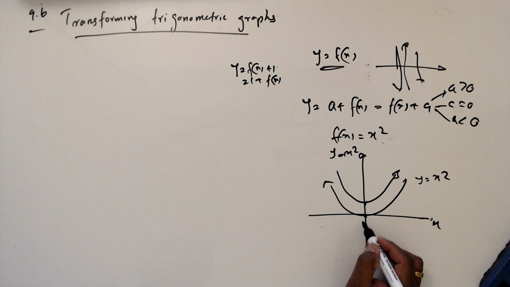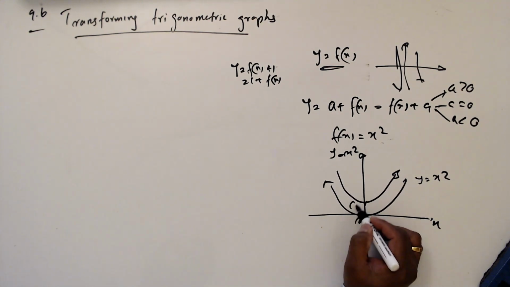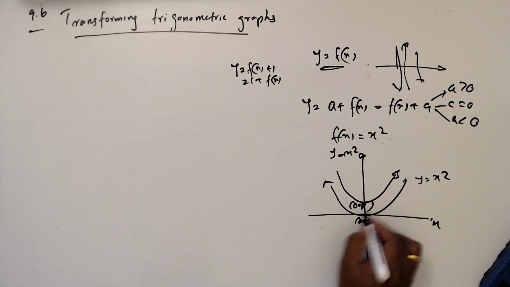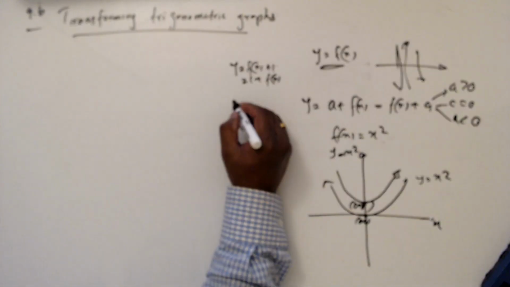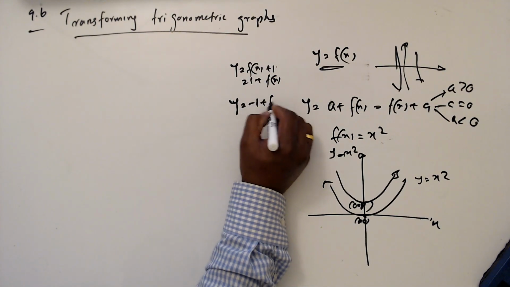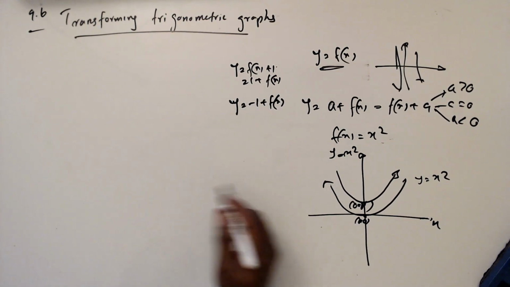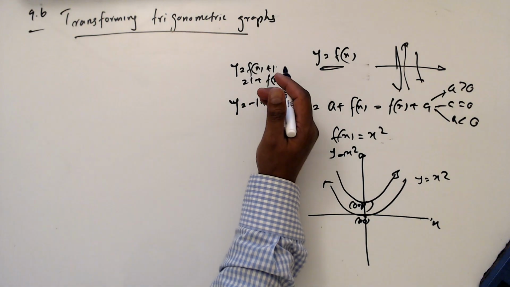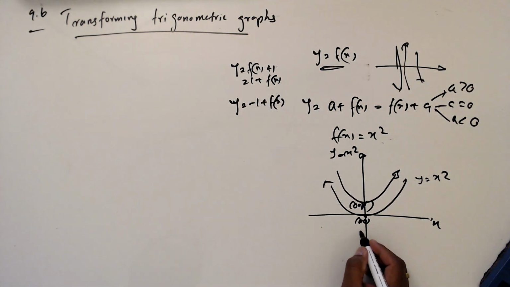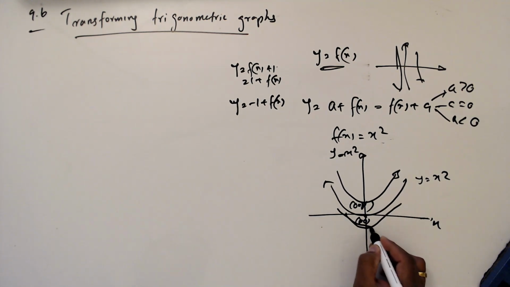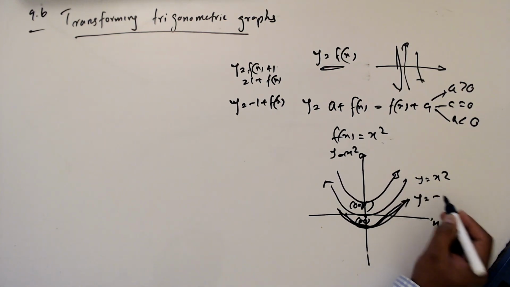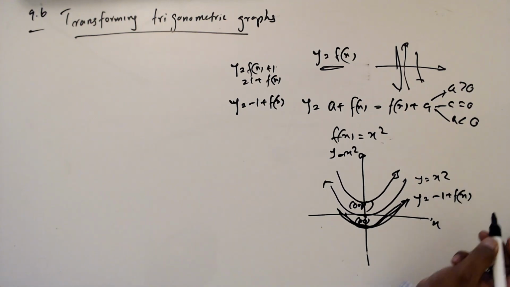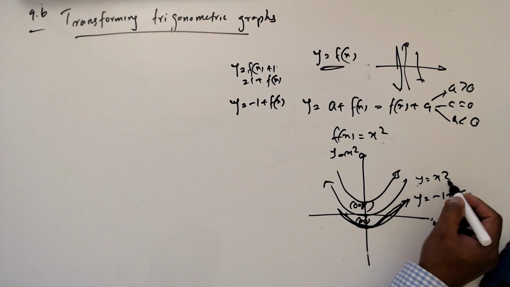This point, 0, 0, now becomes 0, 1, shifted up by 1. If it is minus, like y equal minus 1 plus f(x), then I have to bring this graph 1 unit down.